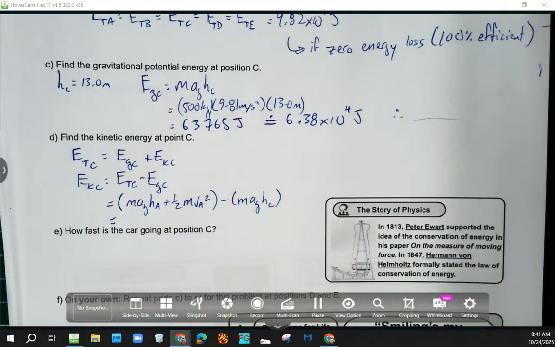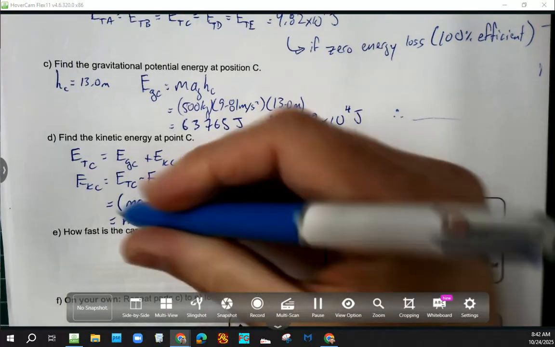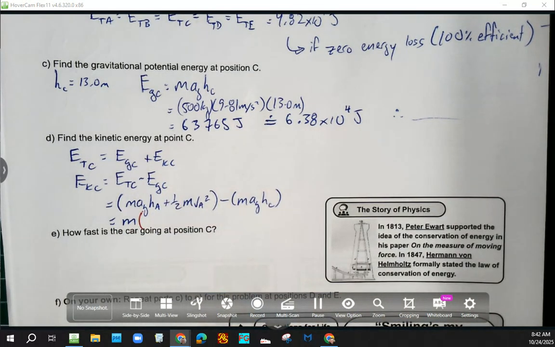Can I pull the mass out? Yeah, look at that. I could pull a mass out front, and inside the brackets leave behind, I guess it's a trinomial.